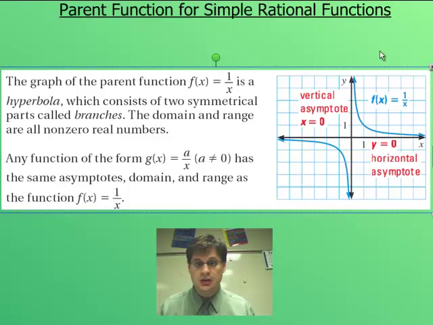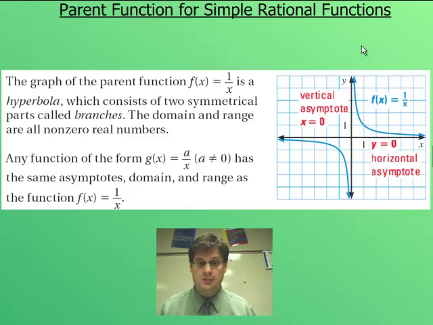And within this, we have two asymptotes. The reason we have the asymptotes is that the function is 1 over x and x cannot be 0.